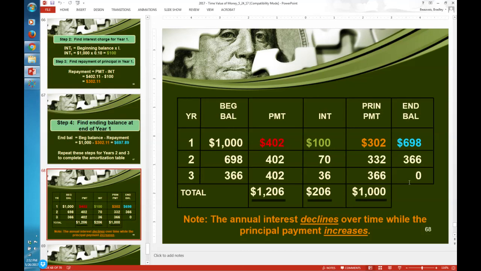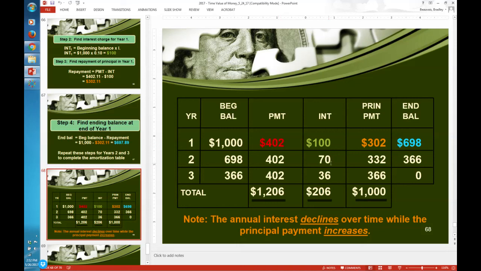So of course I can just repeat those same steps for years 2 and 3, and I can come up with an amortization table, which I've got here. I've rounded some of the numbers off, so don't get confused. That 697, for example, is just rounded up to 698 for presentation purposes. After that first year, that 698 comes down here as the beginning balance for my second year. Payment stays the same. That's the same amount that's going to your lending institution, your bank, or whoever you've borrowed from.